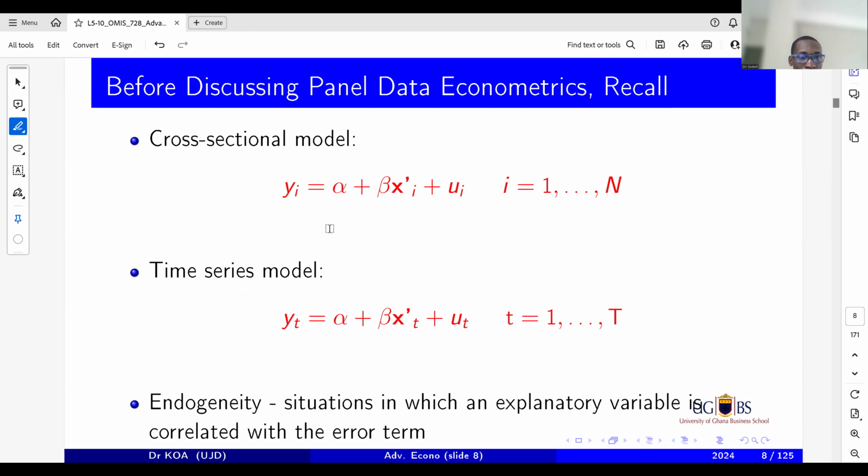And when we say endogeneity, there are several aspects of it. One of them is the situation where the regressor is correlated with the error. Which regressor? This one, which is the x_t, it has some correlation with the u, the error term.